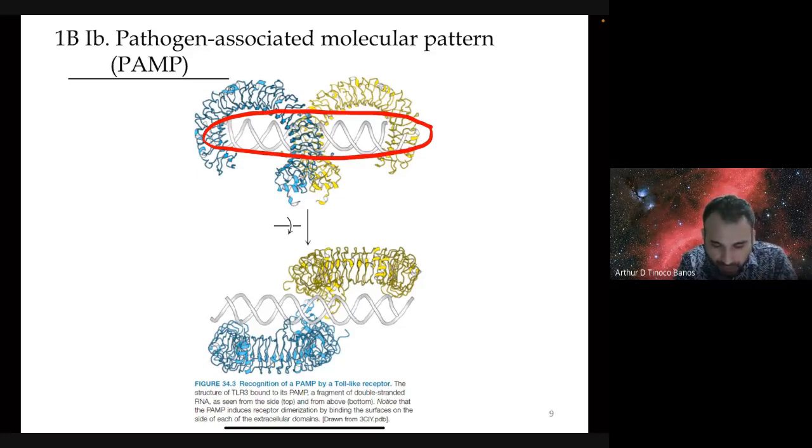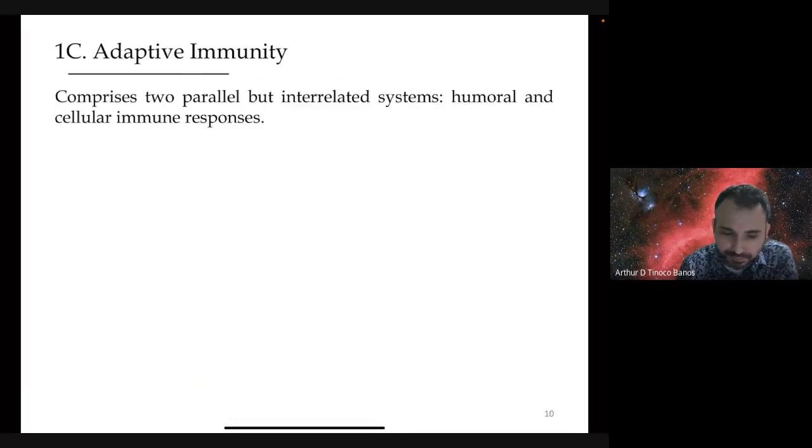In this particular representation, we have this dimerization that enables that interaction between the RNA and the leucine-rich repeat. All right, so that is just a generalized discussion of the innate immunity.